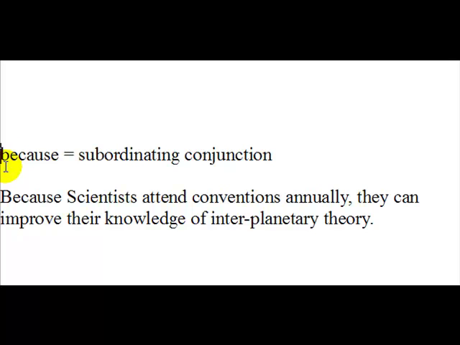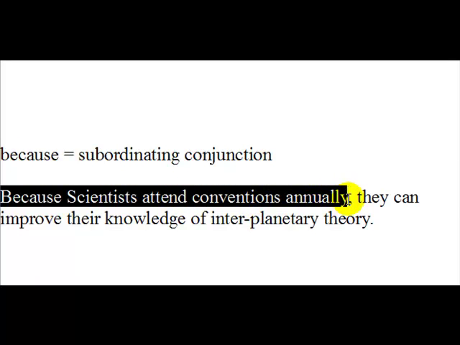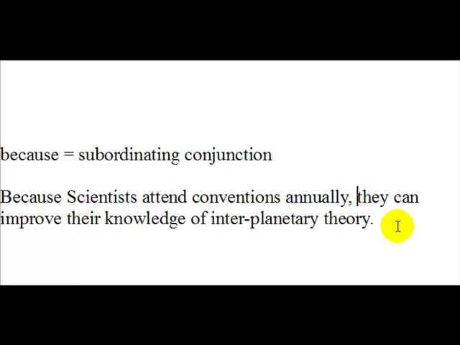Because is a subordinating conjunction: because scientists attend conventions annually, they can improve their knowledge of interplanetary theory. Obviously, you can put this at the end. They can improve their knowledge of interplanetary theory because scientists attend conventions annually. You can switch it up depending on what you think the main idea or support idea is.